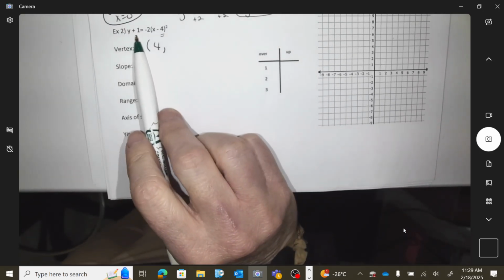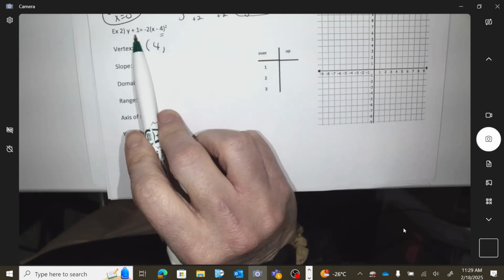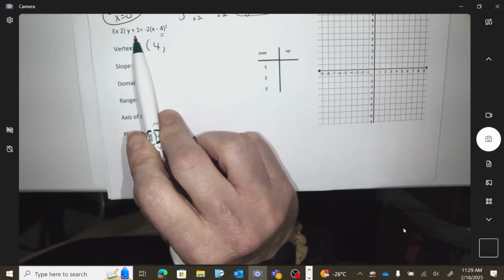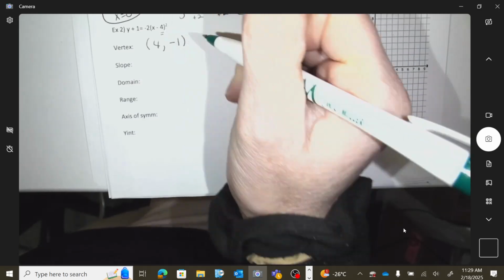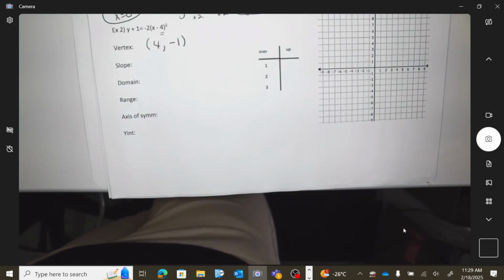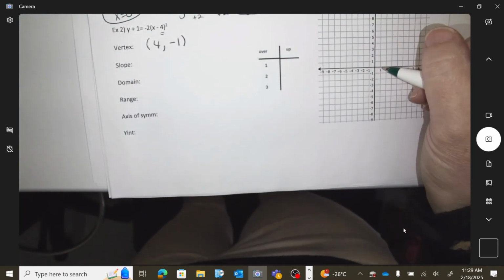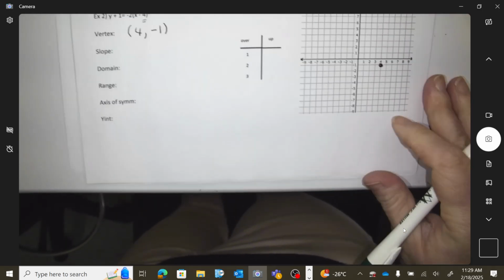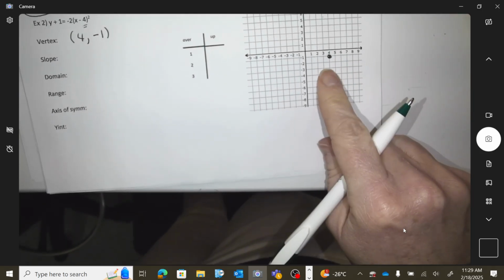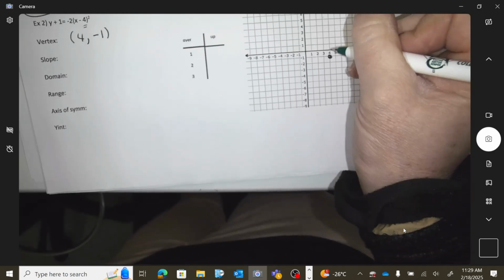Comma, the other value. So 1 or -1? Opposite. So you can actually place that. So there's my vertex, 4, -1.